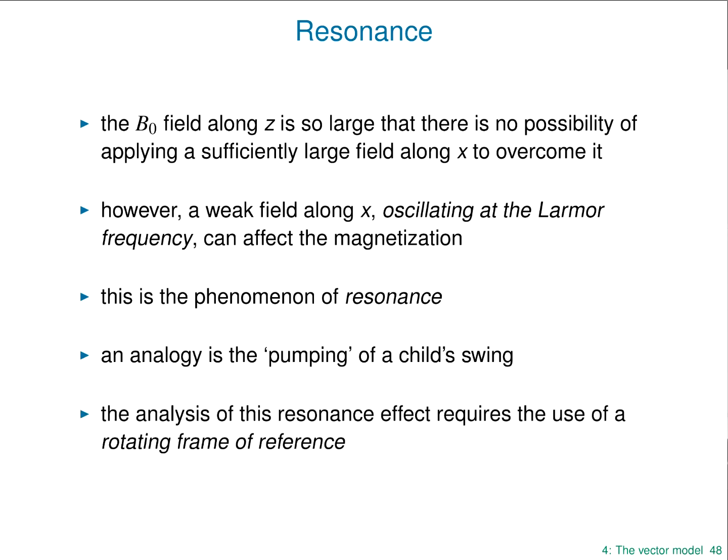Now, to analyze the effect of this, you need to use the famous, or alternatively infamous, rotating frame of reference. So I'll explain to you what this is and how it makes this problem somewhat simpler.